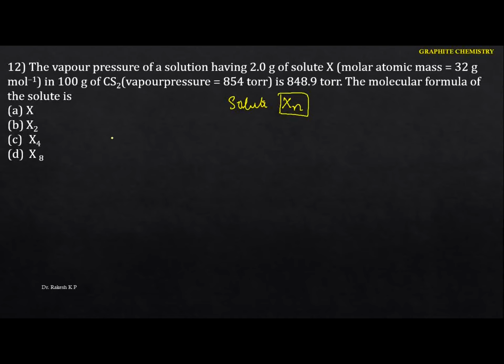Now see this one. We know the relative lowering of vapor pressure equation, that is (P naught minus P dash) divided by P naught, which is equal to W2 into M1 divided by M2 into W1.